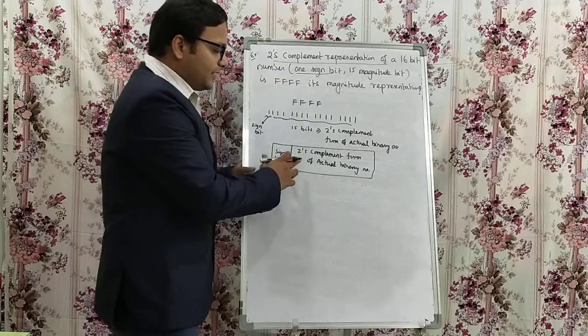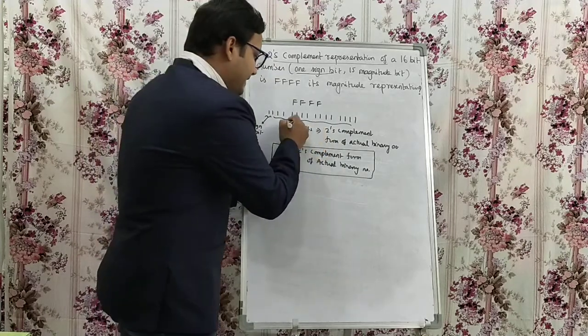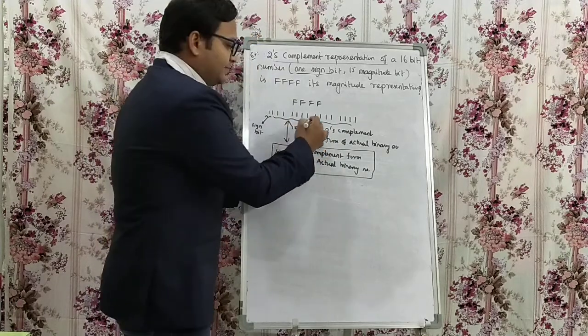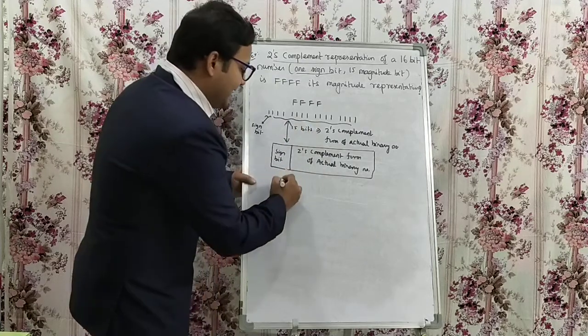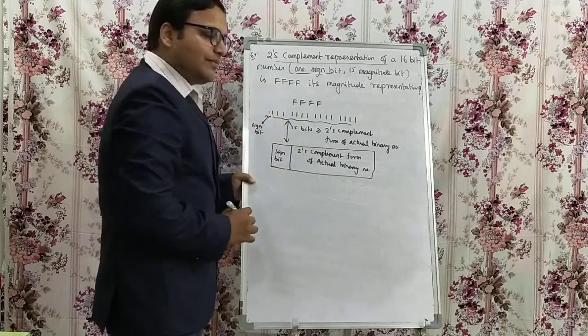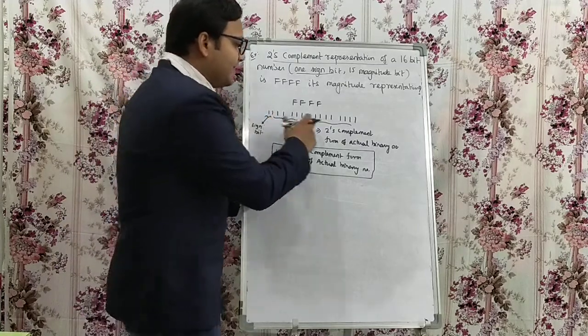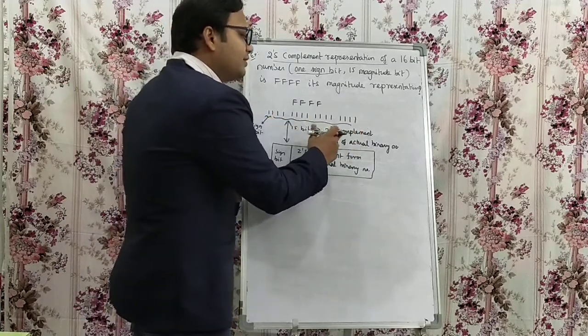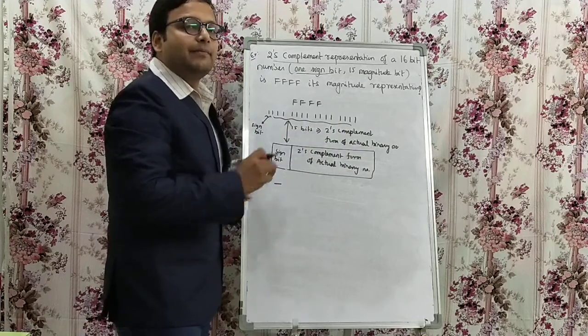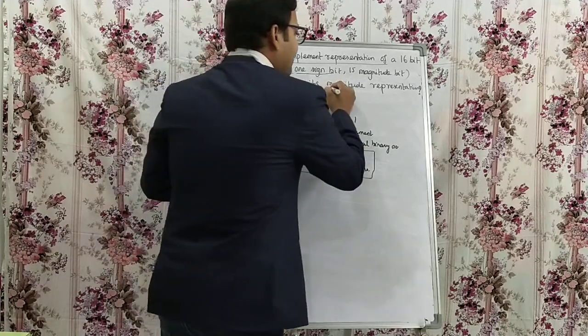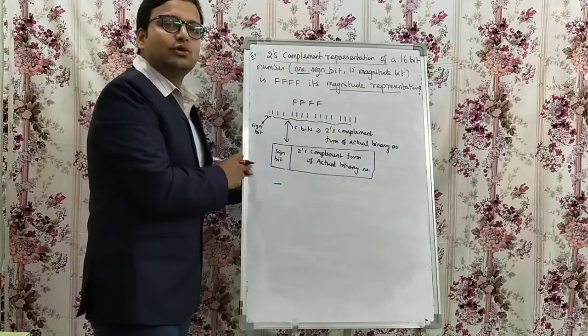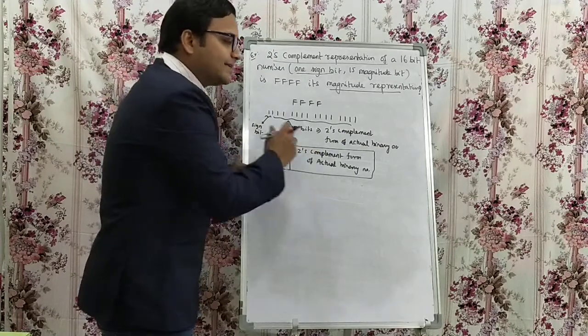If you compare these two, your sign bit is 1, so obviously it's negative. The remaining bits are in the 2s complement form, but you don't need the 2s complement form. You have to find the magnitude of the actual binary number.